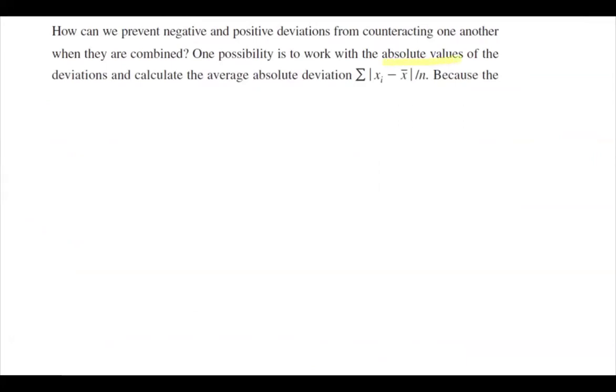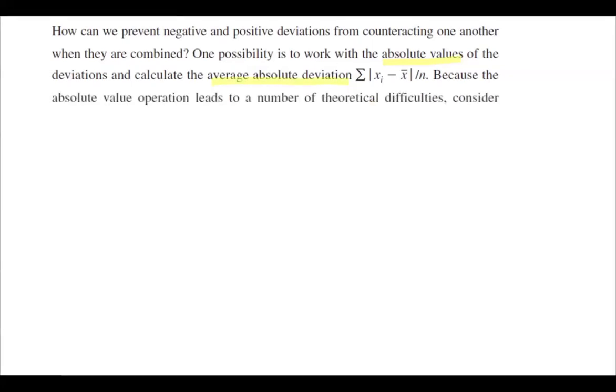So if we calculate the average absolute deviation, this is the summation of absolute value of xi minus x bar. Because the absolute value operation leads to a number of theoretical difficulties, consider raising them to the second power instead. So this is the best remedy that we came up with.